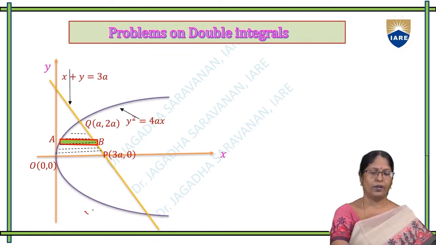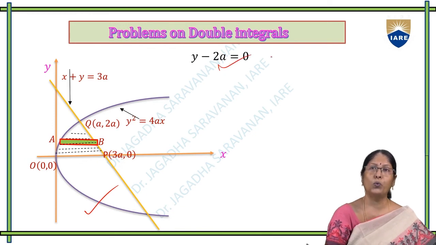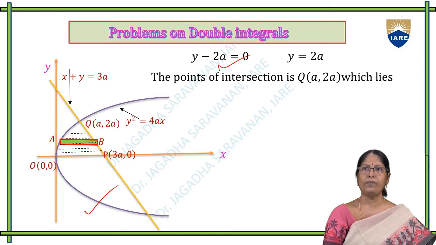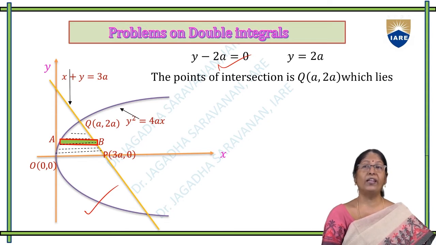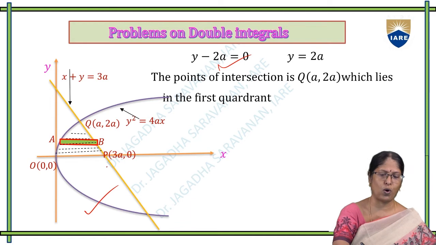So now the figure which is kept here: y minus 2a equal to 0, y equal to 2a. Fine. Now the point of intersection is Q(a, 2a), which lies in the first quadrant.